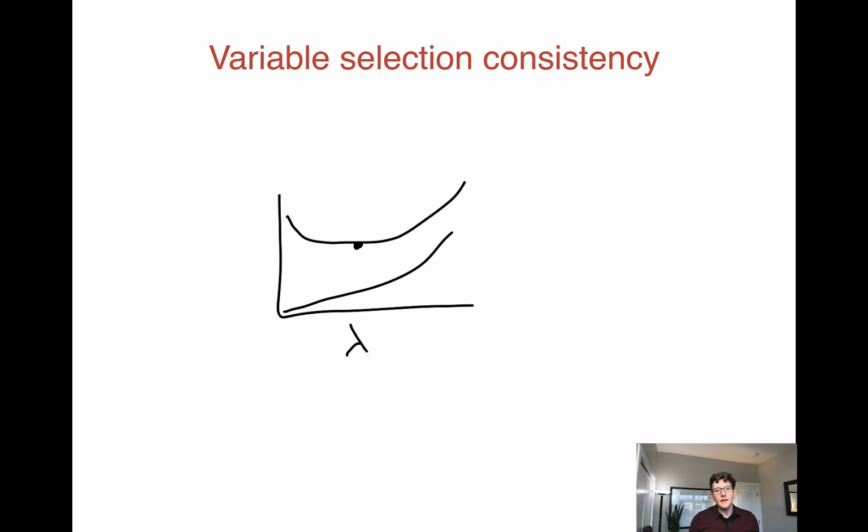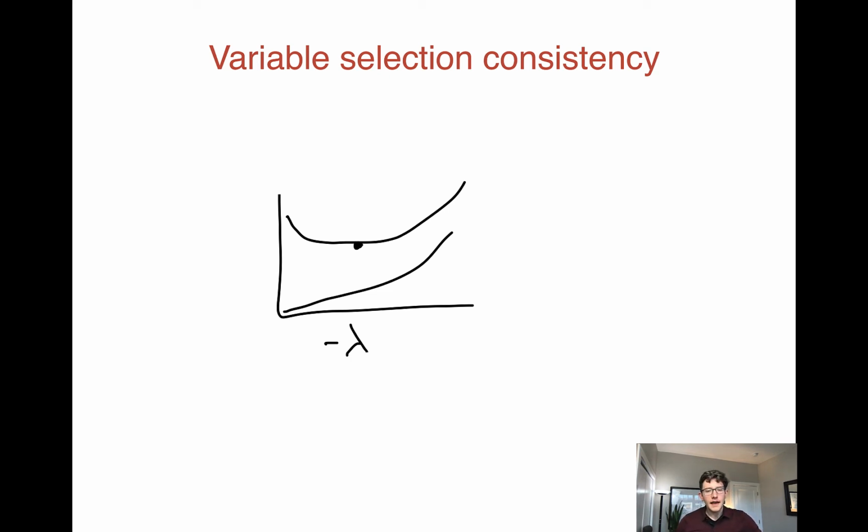With a low lambda, we're likely to end up overfitting. But note that in most cases, we end up with less sparsity than we would like, just choosing lambda according to cross-validation.